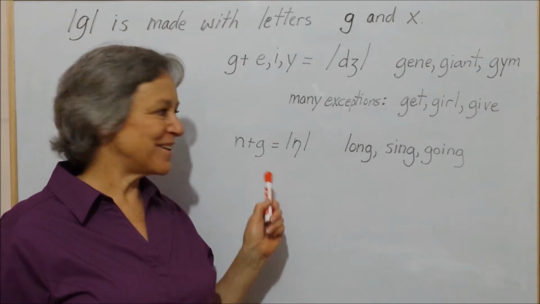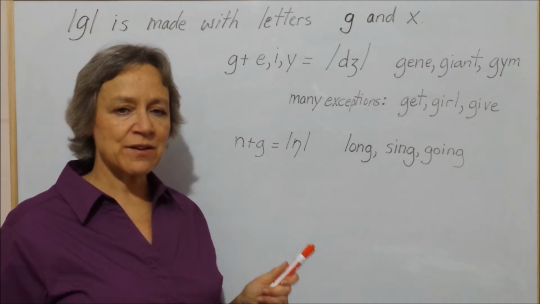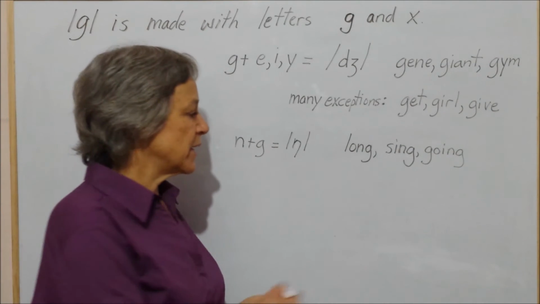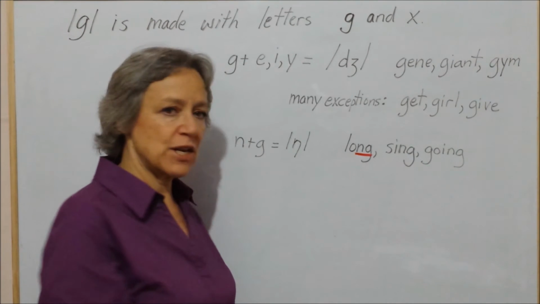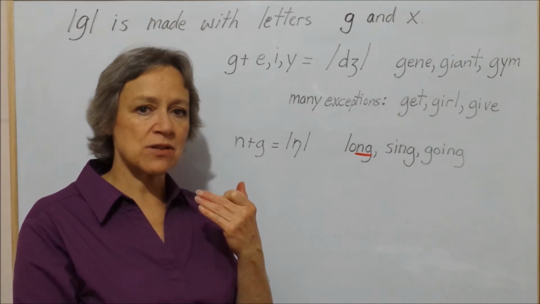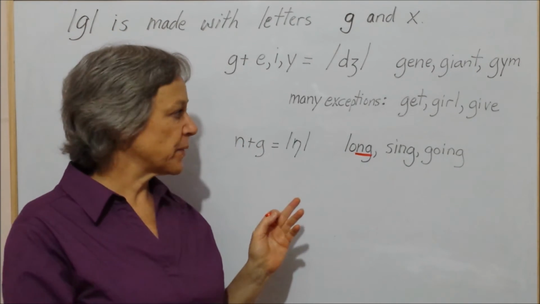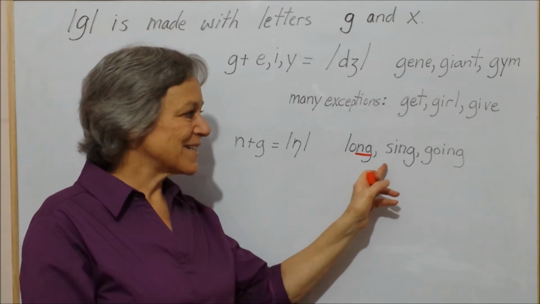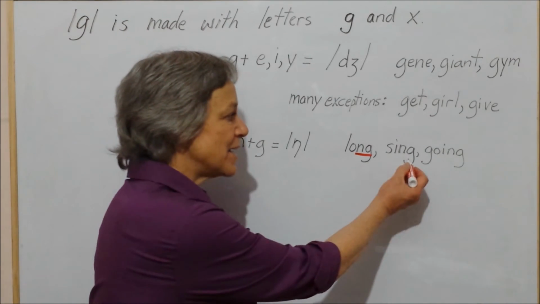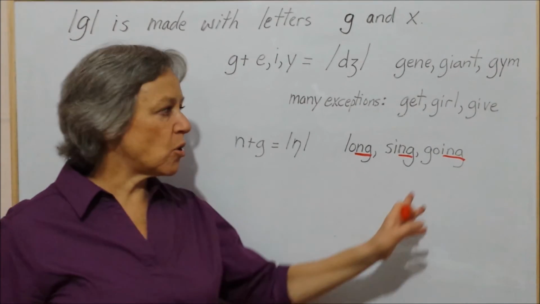Okay, let's look at this again. N comes before G at the end of many words. In this one, N and G, this is long. The last sound is a nasal sound. It's not G, okay? Long, sing, again a nasal sound, and going.